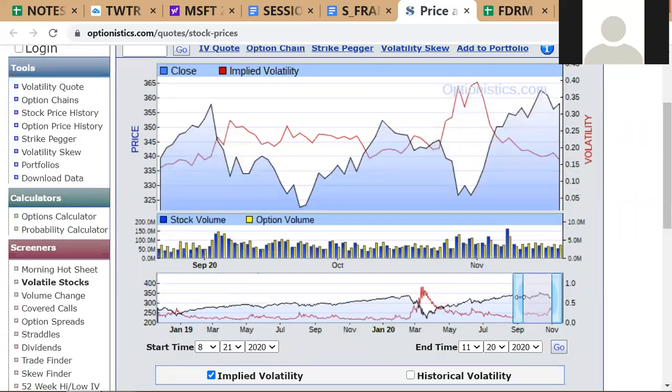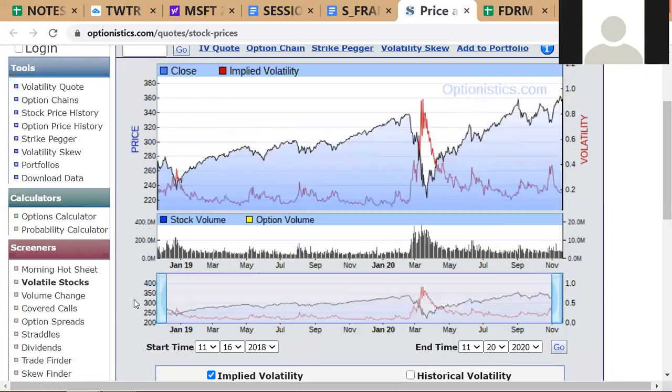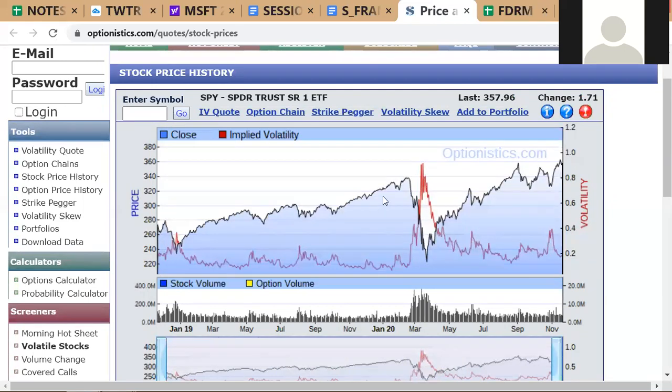Why are you a buyer of options? Because you looked at the underlying asset price chart, the SPY ETF, then you looked at the eyeball chart, mainly for forming the view on the future movement of option prices. Eyeball right now is under 20%, and you took the view that eyeball is likely to move higher from here. So if eyeball moves higher, then ceteris paribus, the prices of all options are going to increase.